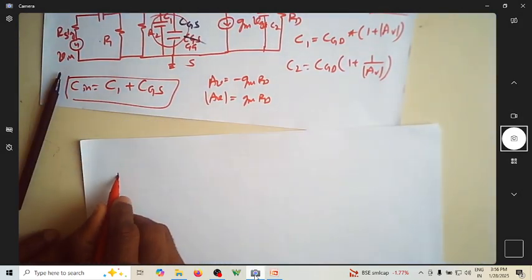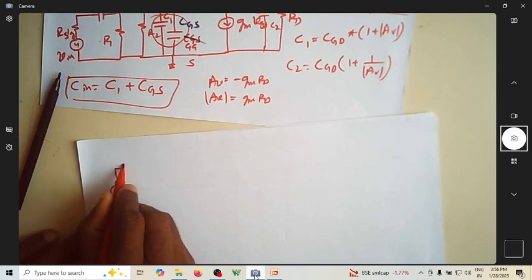small signal model into, let me put our signal here.